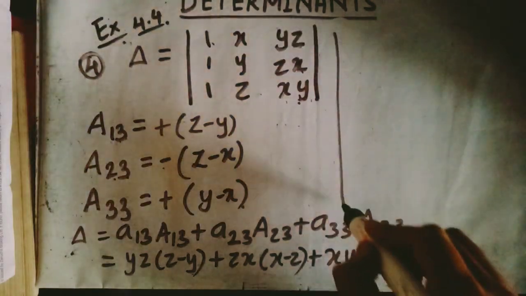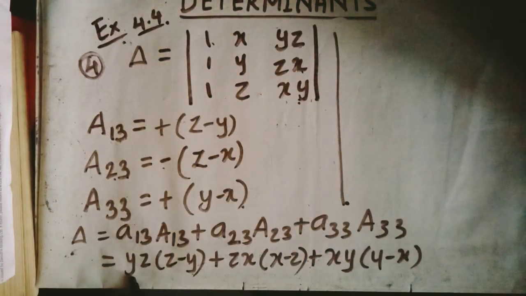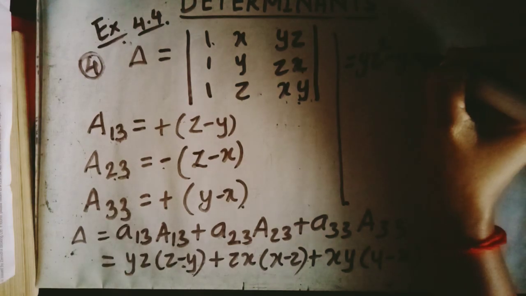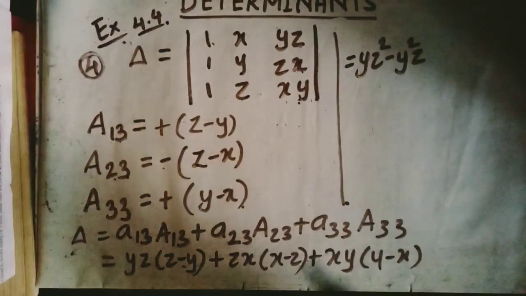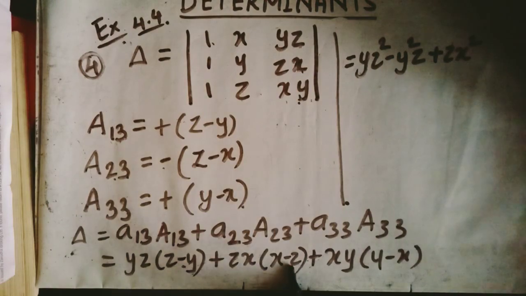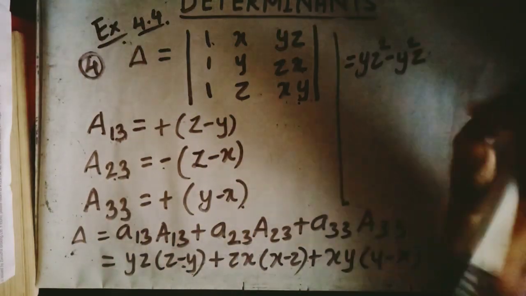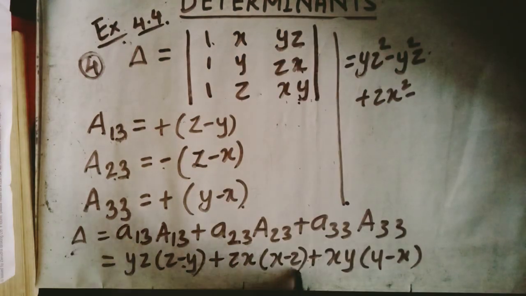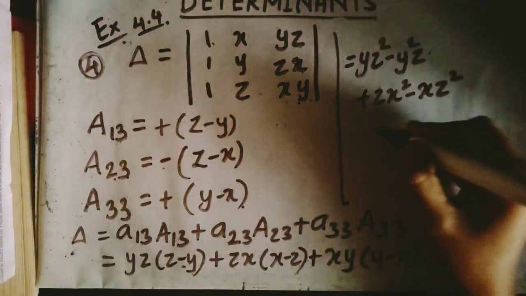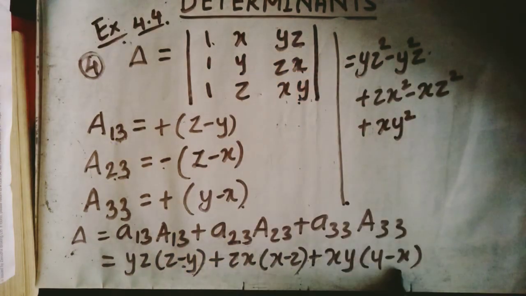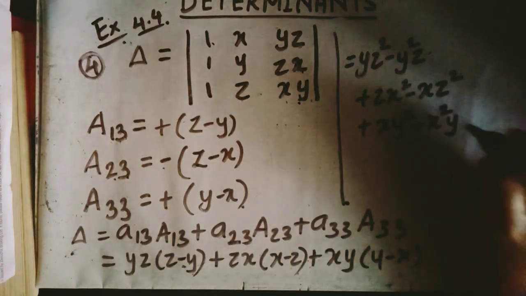So multiplying inside, you will get yz square minus y square z. Then zx square minus xz square, then plus xy square minus x square y.